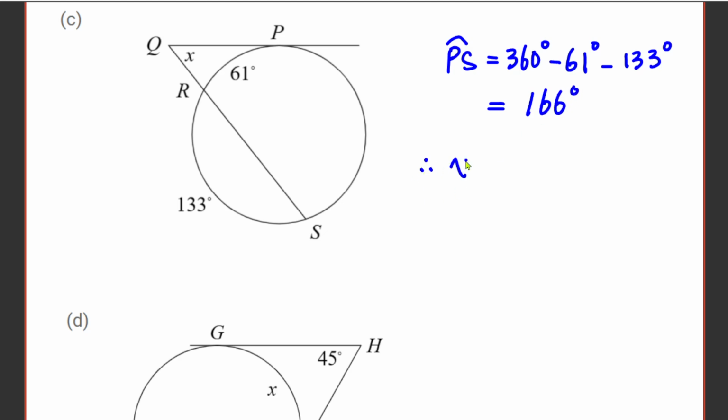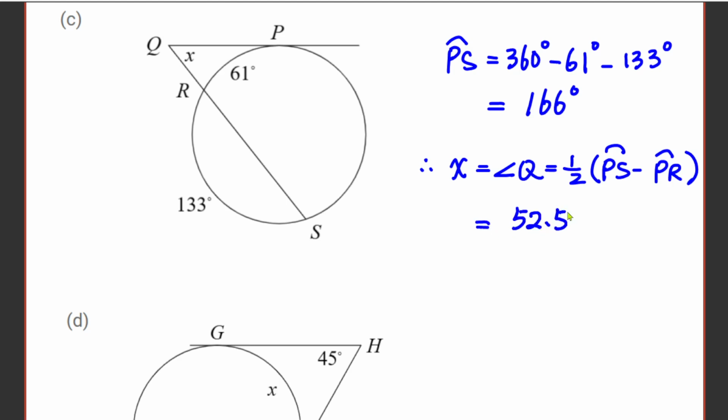And therefore we have x equals angle Q, which is half of the difference between arc PS and arc PR. And this equals 52.5 degrees. Any questions?